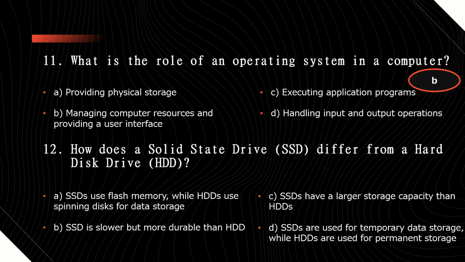D. SSDs are used for temporary data storage while HDDs are used for permanent storage. The correct answer is A. SSDs use flash memory chips, which offer faster data access and are more durable than the spinning disks used in HDDs.